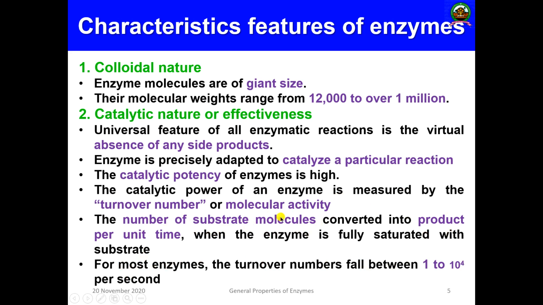For most enzymes, the turnover number falls between 1 and 10 raised to 4 per second, that is, 1 to 10,000 per second. This is the standard estimate.